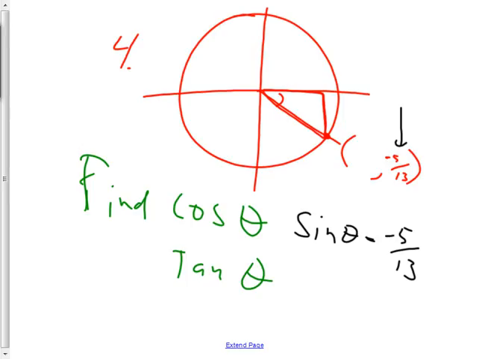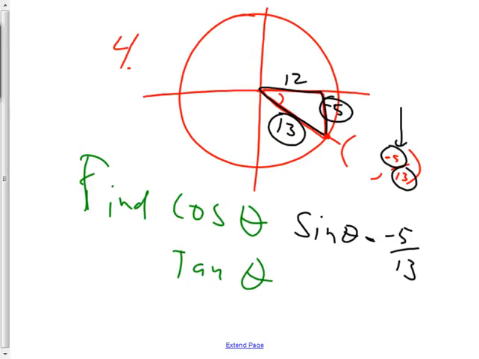And I just have to draw myself a little triangle. I happen to have one right here. And if I know that the two sides are 5 and 13, that should be a flag for you like, oh, wait a minute, the 5 and the 13 and the 12, they all go together. 5, 12, 13 is a triangle. You should memorize it just like you memorize the 3, 4, 5 triangle. 5, 12, 13. So sine is opposite over hypotenuse, -5 over 13.